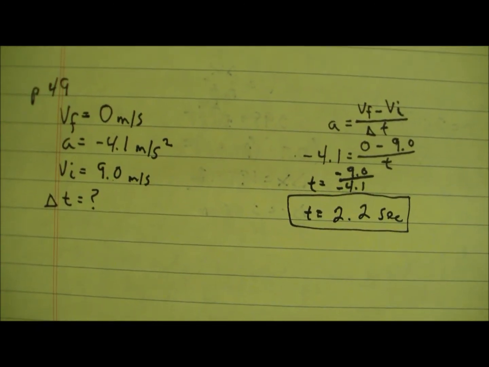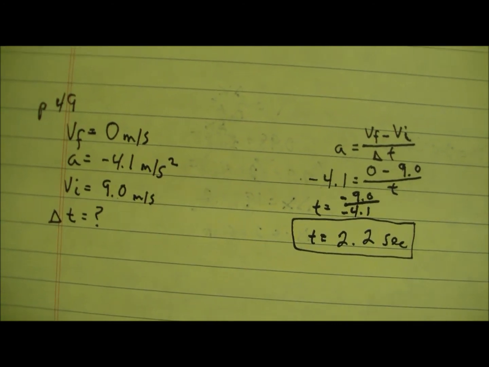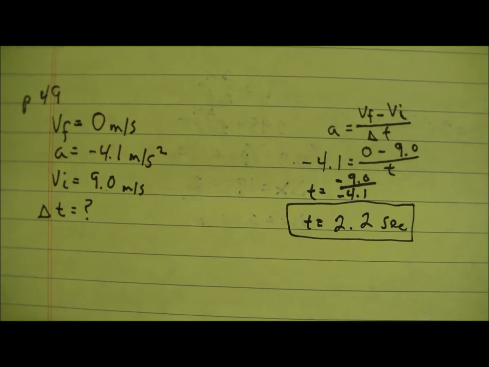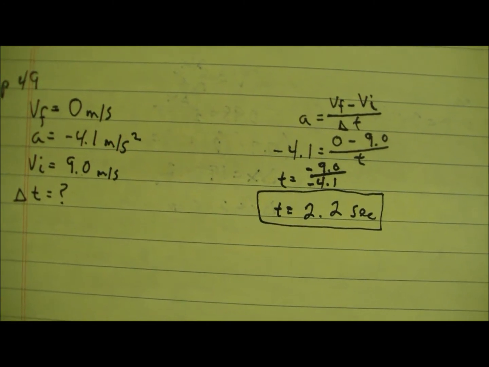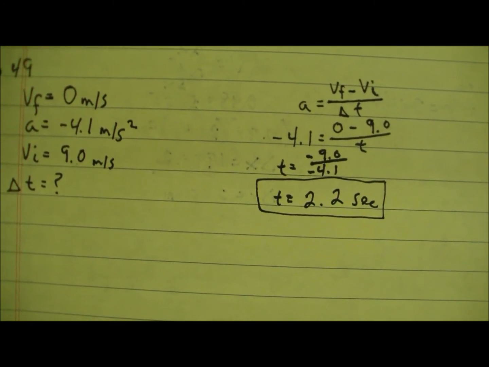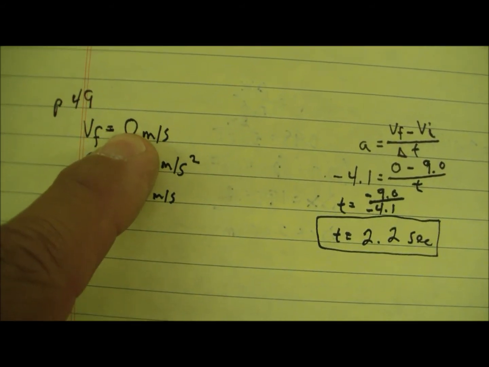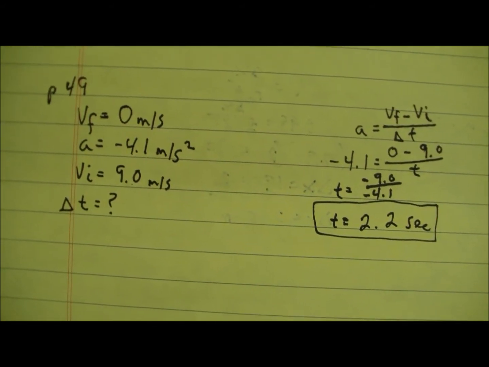Well, you have 2 clues about the final velocity, because the first one says a sudden stop, so therefore the final velocity has to be 0. And then a little bit later on it says going from 9 to 0 meters, so you have a clue twice given that the final velocity is 0.